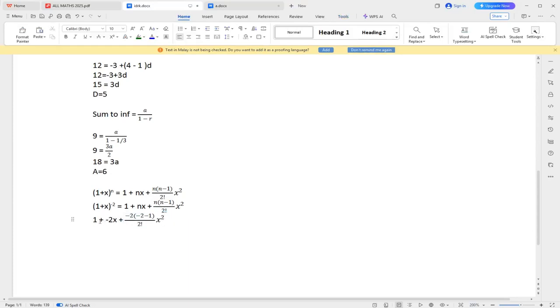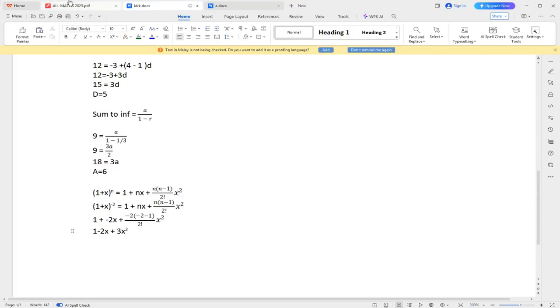So from here, we have 1 minus 2x, then negative 2 times negative 2 minus 1 is equal to negative 3. Negative 2 times negative 3 is equal to 6. 6 divided by 2 is equal to 3, and that gives us plus 3x squared.